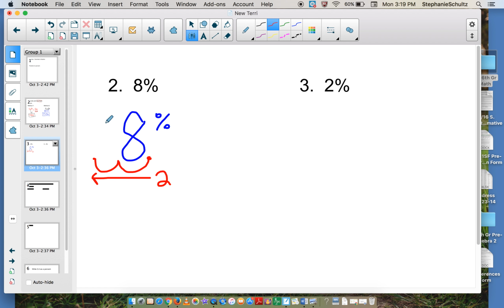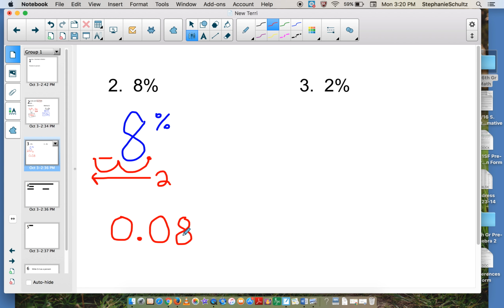When there's no number there, I need to use a 0 as a placeholder. So my answer, before the decimal, since there's no number, is 0. But then after the decimal, I have to place something in this blank. It can't just be a line. We're going to place a 0. So 0.08.